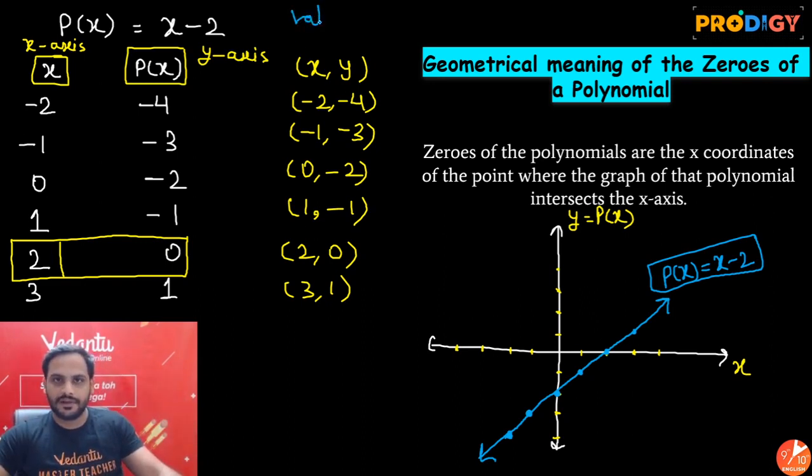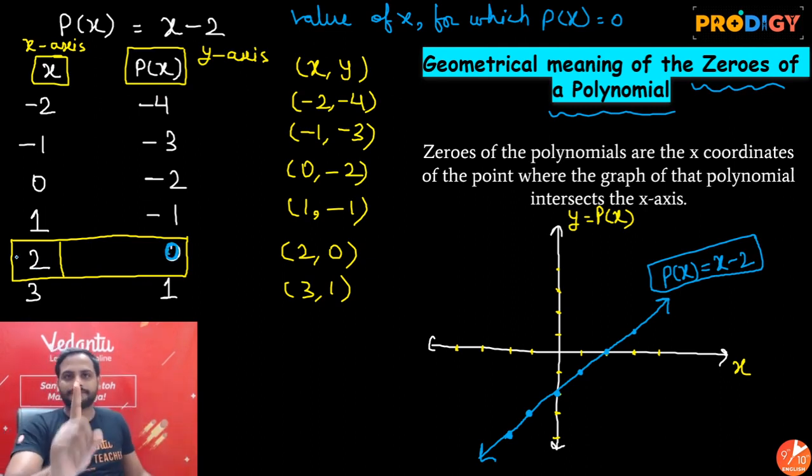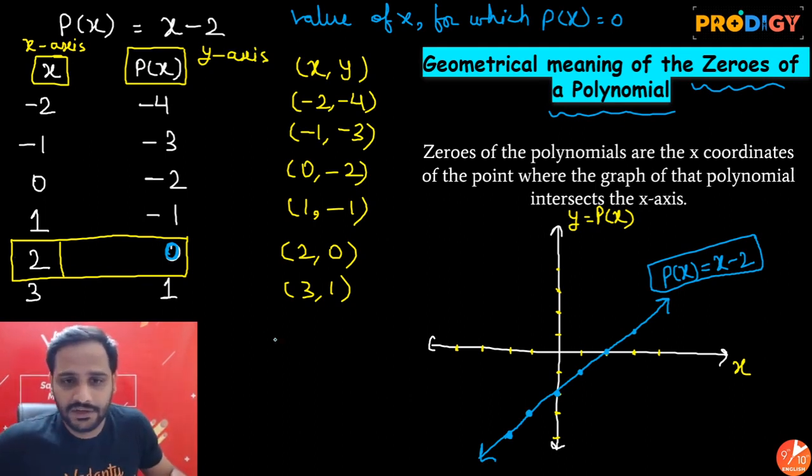We know the value of x for which P(x) = 0 gives you the zero of the polynomial. Simple. So you saw the value of P(x) equal to 0 is at x equal to 2.